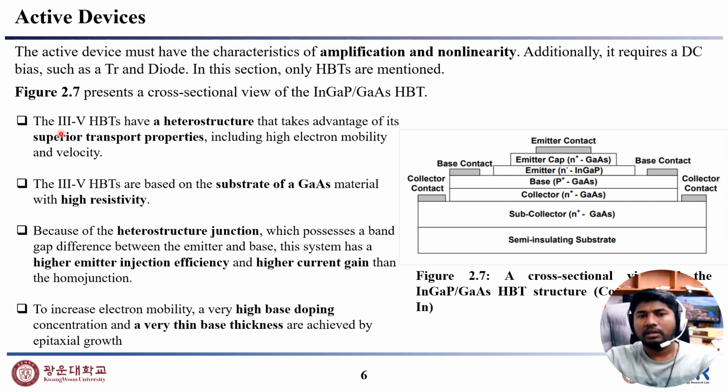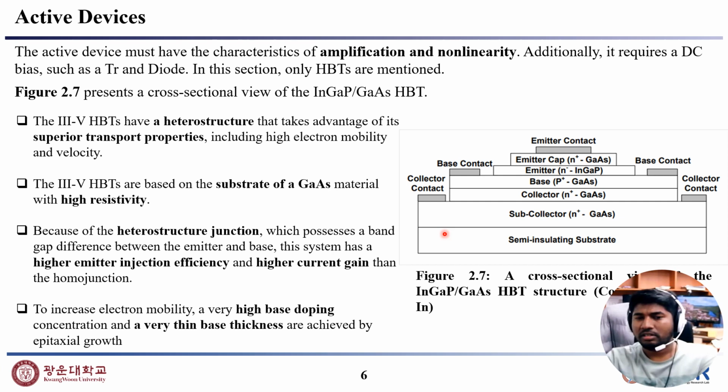The III-V HBTs have a heterostructure that takes advantage of superior transport properties, which include electron mobility and velocity. And the substrate is gallium arsenide material with a high resistivity.